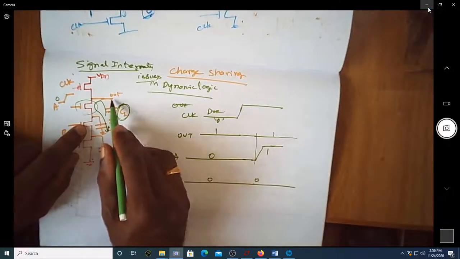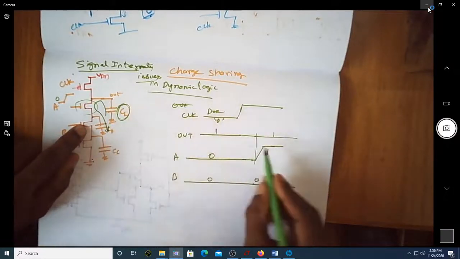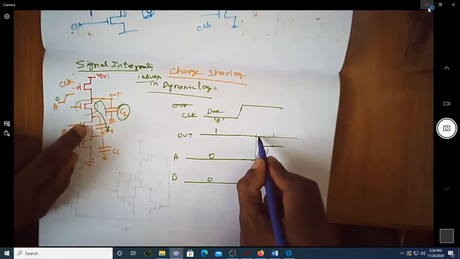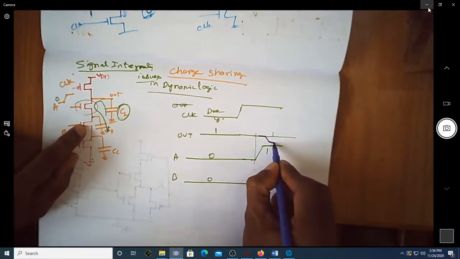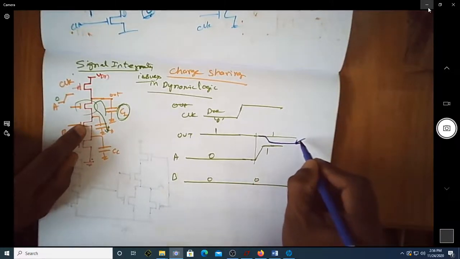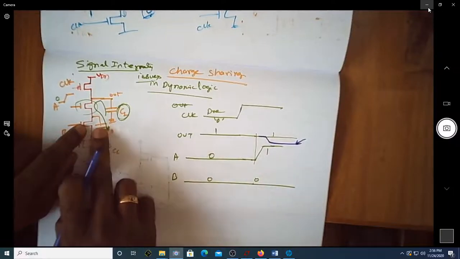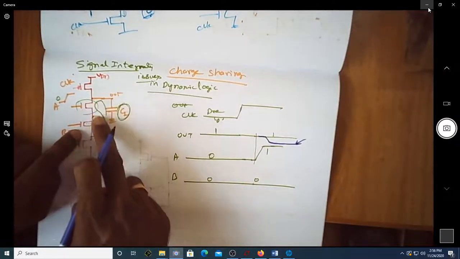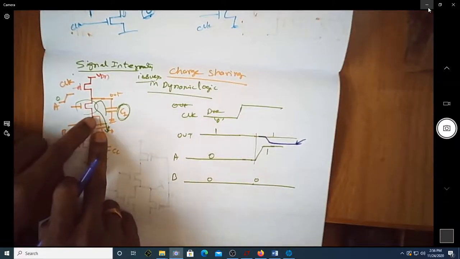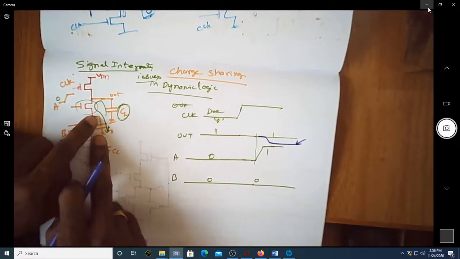So instead of the voltage remaining at VDD here, as soon as this turns on, typically this drops down. See, this is dropping down now. Why is this dropping down? This is the actual value. Of course, this drop totally depends on how much the capacitance value is and how much charge is being shared with this CB capacitor, which is a junction capacitor at this point.